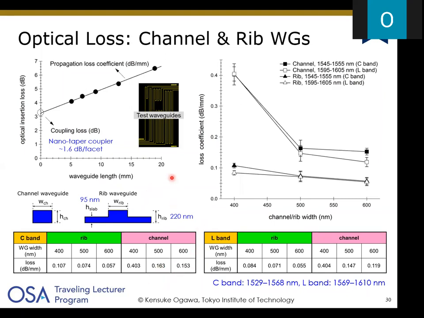Actually, the simple waveguide optical loss measurement gives these sorts of loss characteristics. This is the basic information to estimate the insertion loss of your optical modules based on a silicon waveguide.